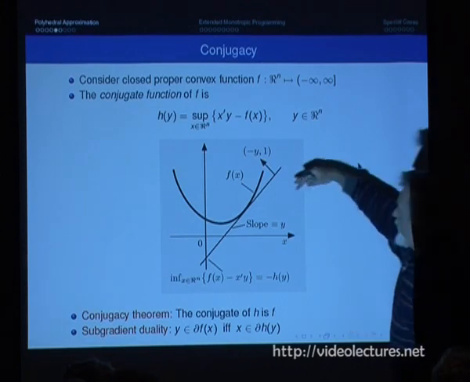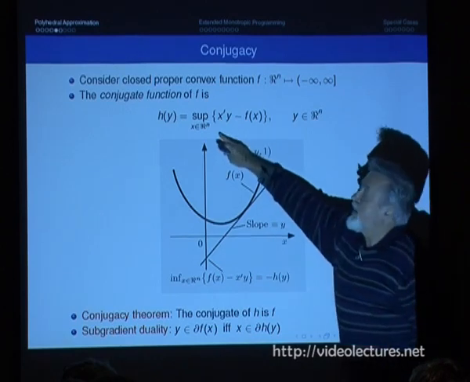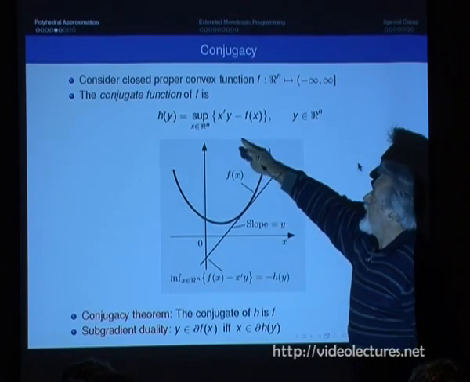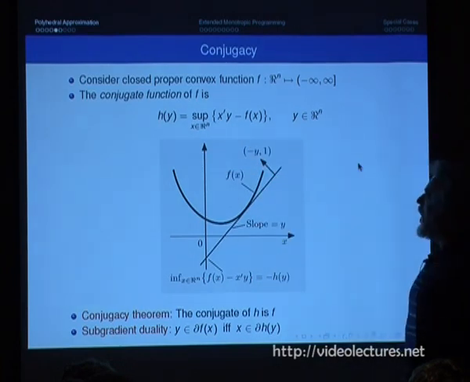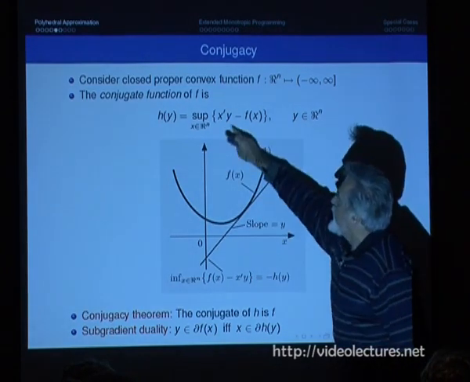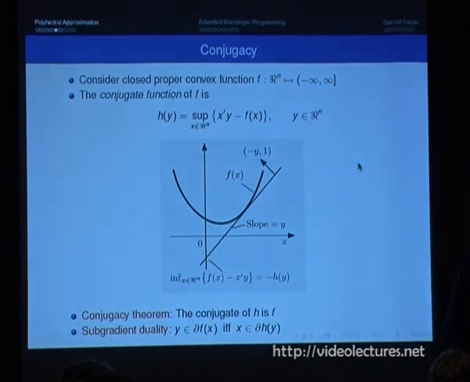And if you consider these half spaces and you parameterize them by their slope, you get the conjugate function. So by definition, the conjugate function is like this. Given f, h of y is a function of the slope, and it's defined like so. There's a graphical interpretation here. And the conjugate provides us with an alternative view of the same function.